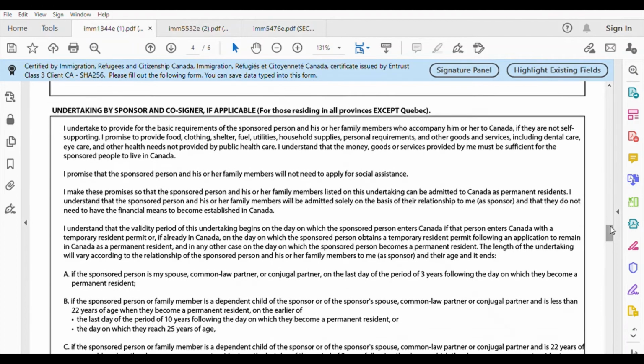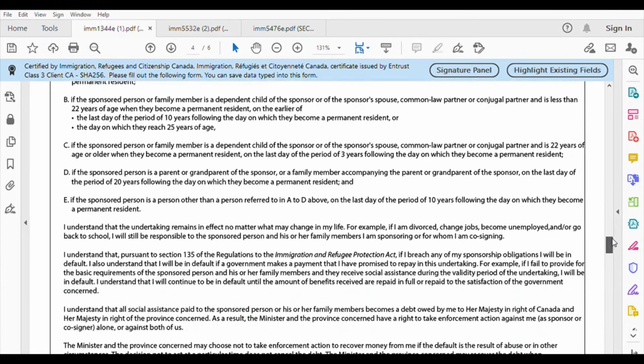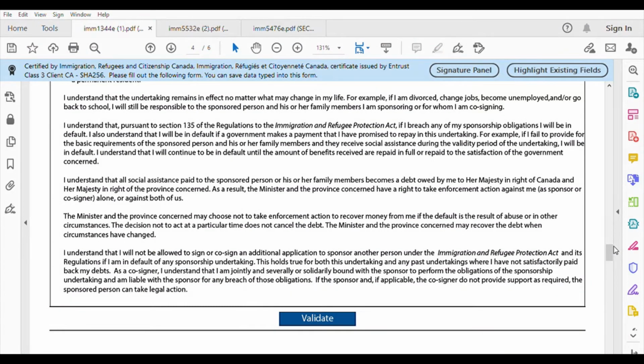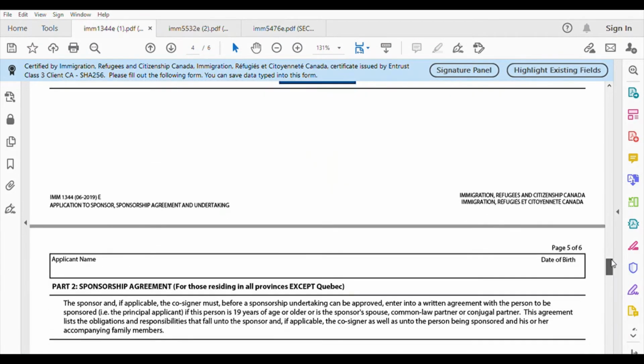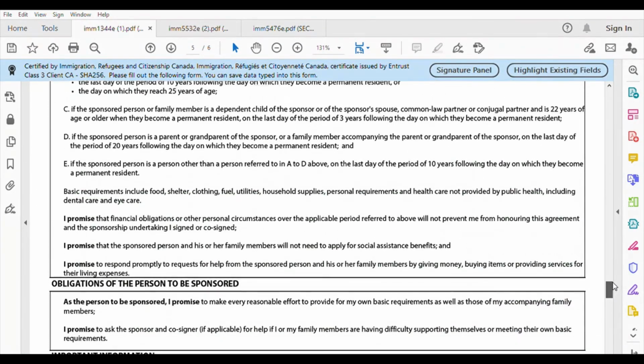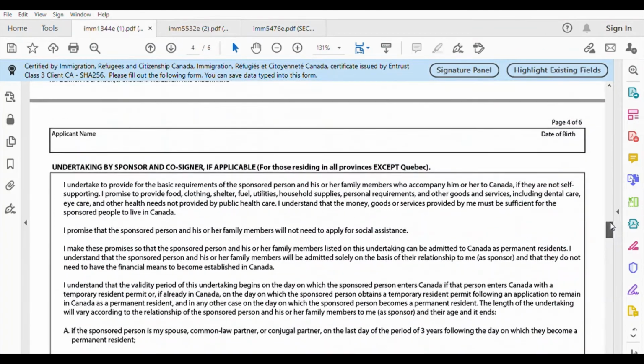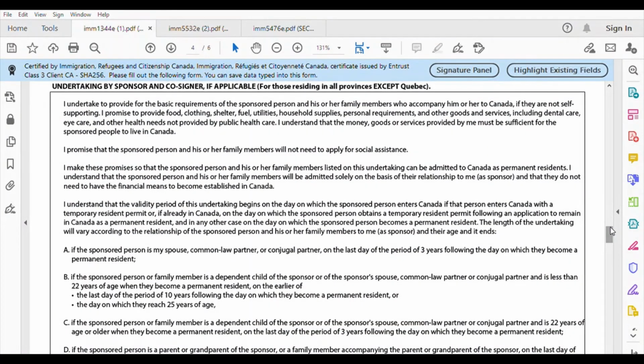Okay, so here is the undertaking by sponsor and co-signer, if applicable, for those residing in all provinces except Quebec. So guys, here you need to read this very carefully as sponsor and as principal applicant. I will not read it in detail, but I can give you a summary.